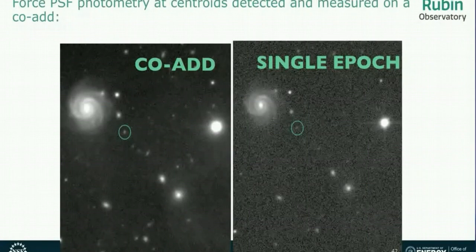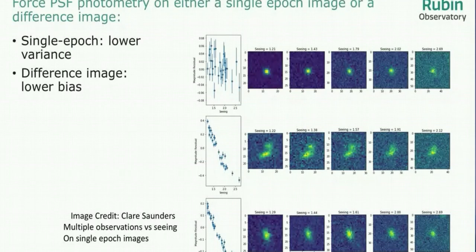You can do this forced photometry on the single epoch images, and you can also do it on the difference images too. There are of course trade-offs involved. The single epoch images have lower variance because they've had fewer convolutions that correlate the noise applied to them.